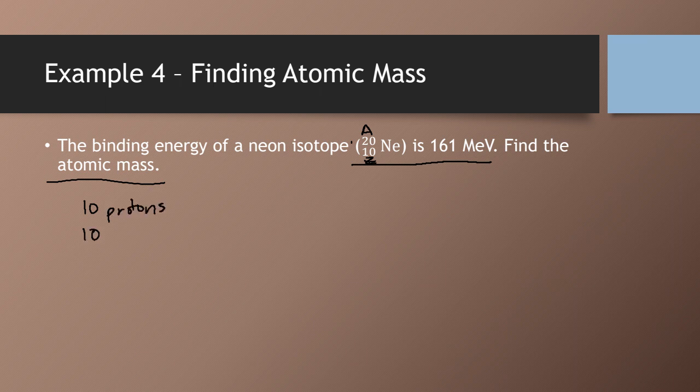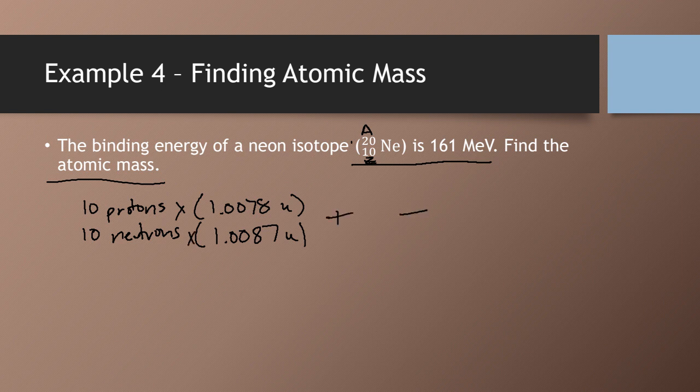Protons have a mass of 1.0078 atomic mass units. Neutrons, 1.0087 atomic mass units. If we multiply and then add all of this up, the total mass is 20.165 atomic mass units.